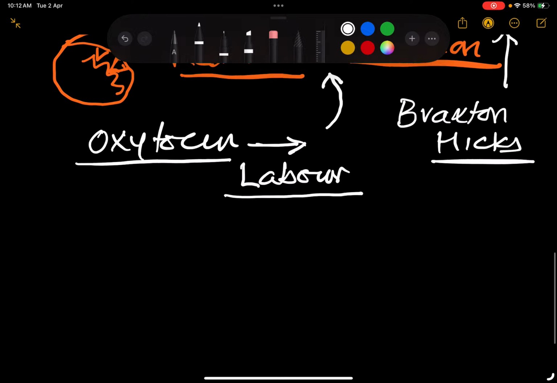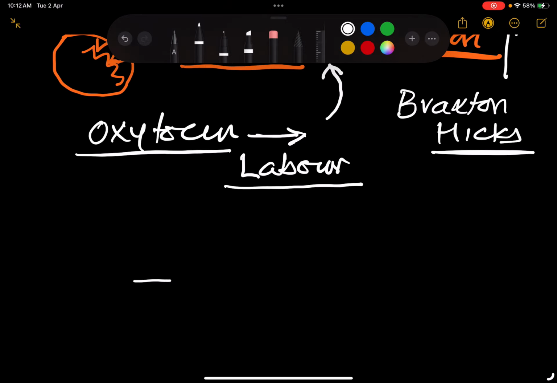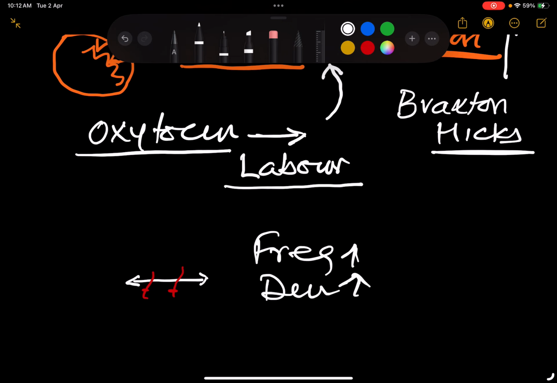And what happens is that there is contraction. The blood vessels that pass through this contraction become contracted. So as the frequency and duration of contraction increase, the uterus becomes ischemic during contraction, and there appears to be pain.